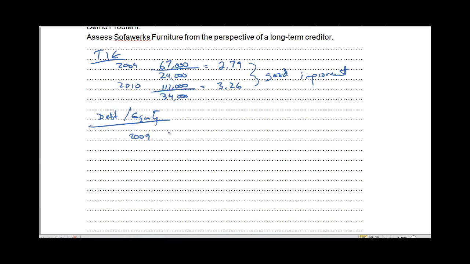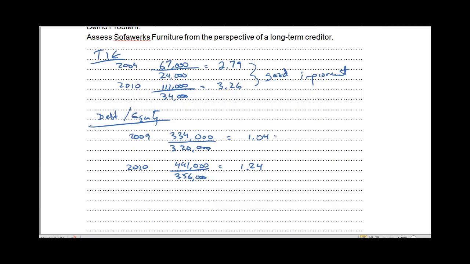And so 2009 we had $334,000 divided by shareholders' equity of 320, which gives you 1.04. And 2010 we had 441,000 divided by 356, and that gives us 1.24.